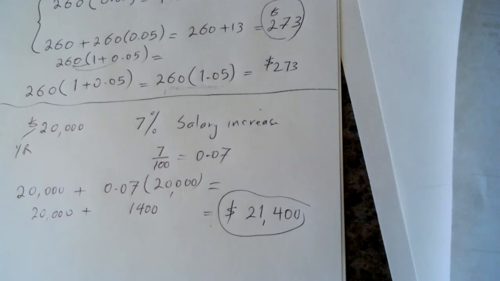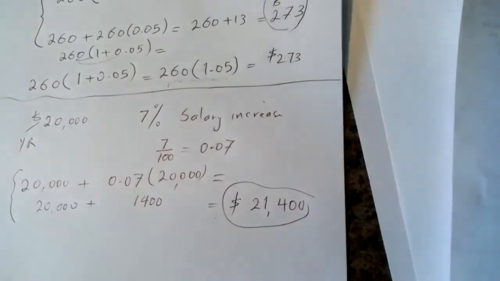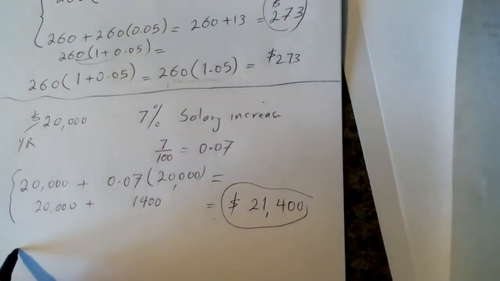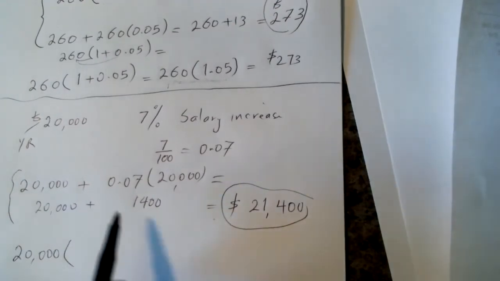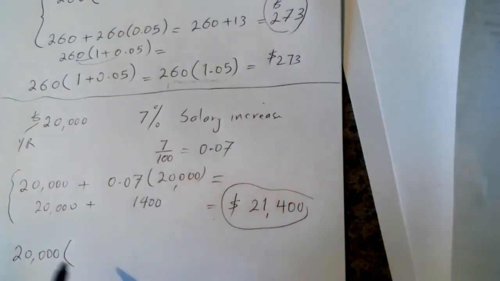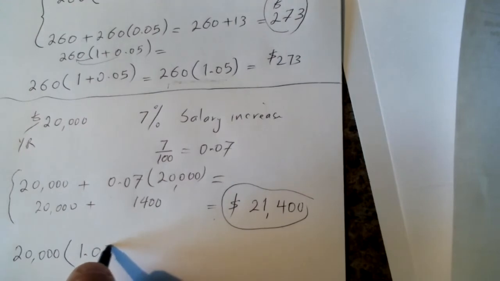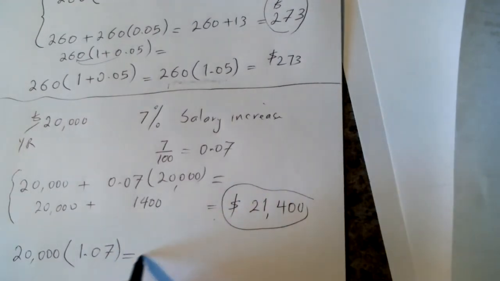But this is an increase. If you want to combine two steps into one, just take that 20,000 and instead of 0.07, multiply by 1.07. That should give you that number.